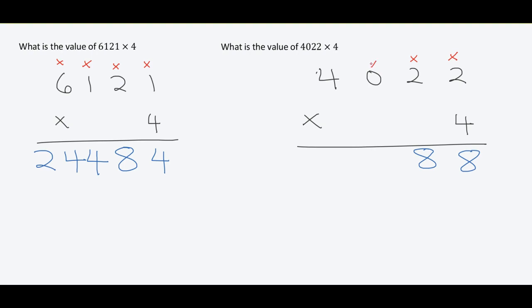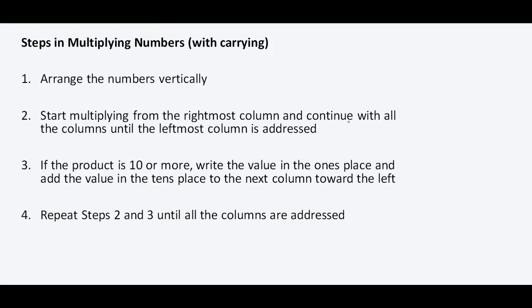Next column on the left, 0 multiplied by 4, we have 0. And then the last column, which is 4 multiplied by 4, we have 16.